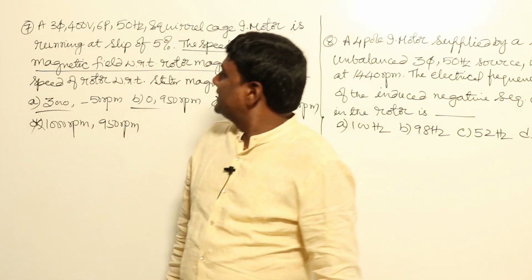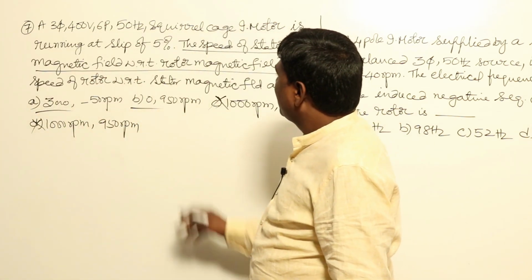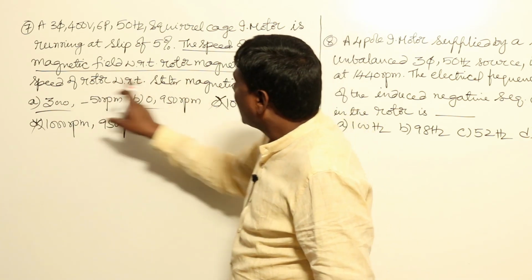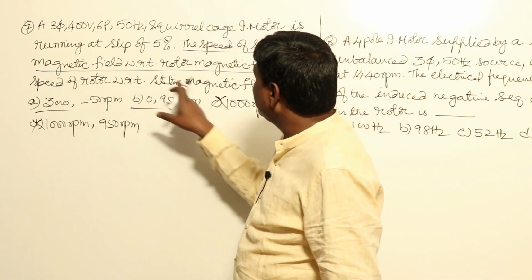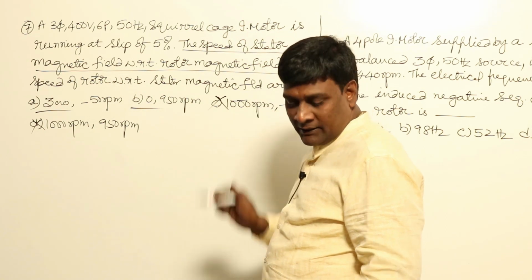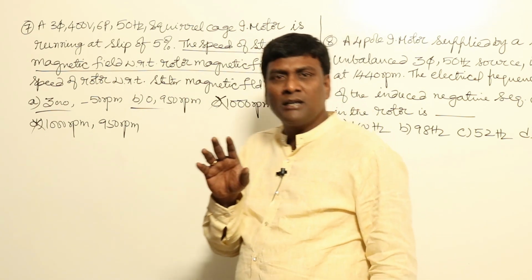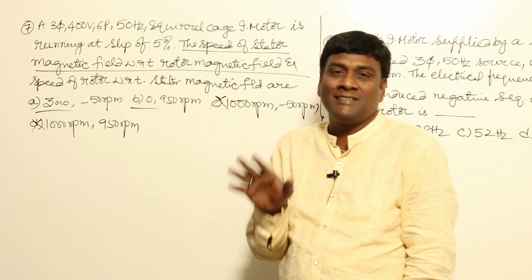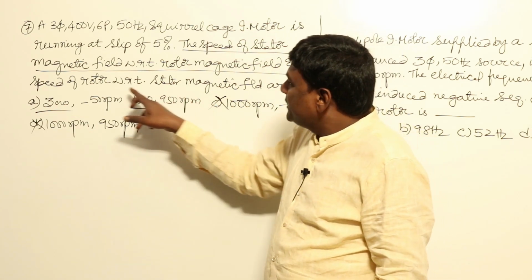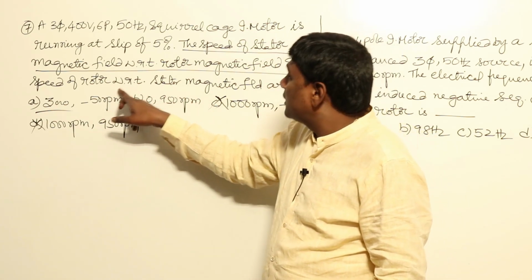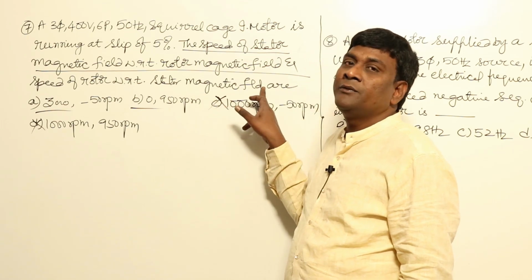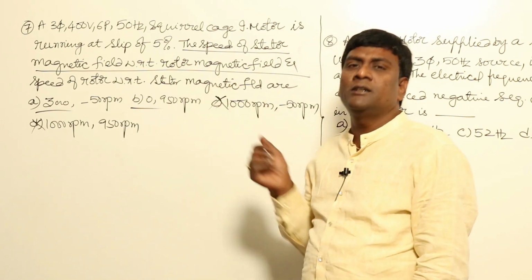Now the next thing is the speed of the rotor with respect to the stator magnetic field. The moment the stator magnetic field and rotor magnetic field rotate at the same speed, the speed required is of the rotor with respect to the rotor magnetic field.